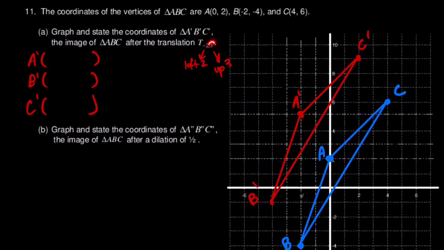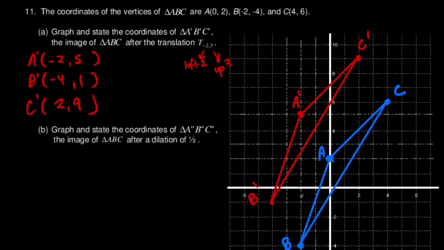And then you would take this +3 and add that to all of those y values. But it should check no matter which way you do it. All right, so point A prime, no matter which way you do that, ends up being (-2, 5). B prime ends up being (-4, 1), and C prime ends up being (2, 9).